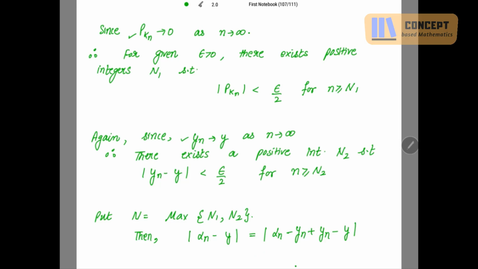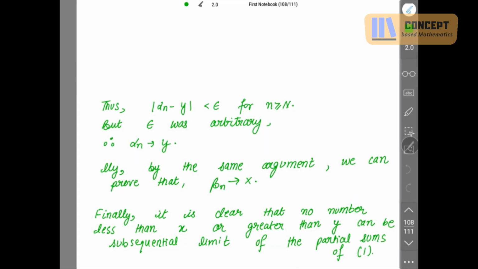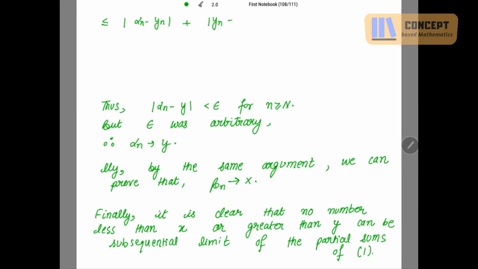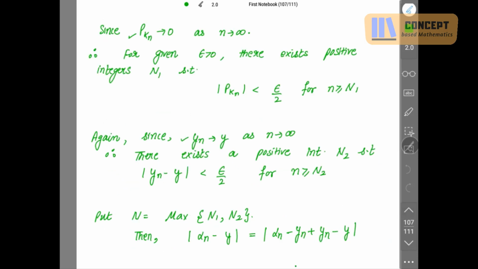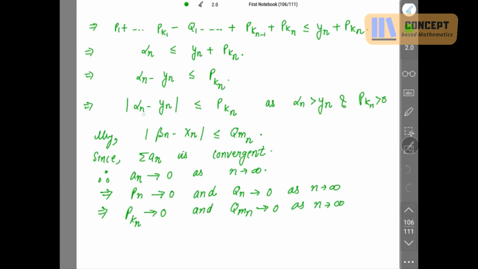Which is less than or equal to mod alpha n minus yn plus mod yn minus y, which is further less than or equal to, because we know that mod alpha n minus yn is less than or equal to pkn.